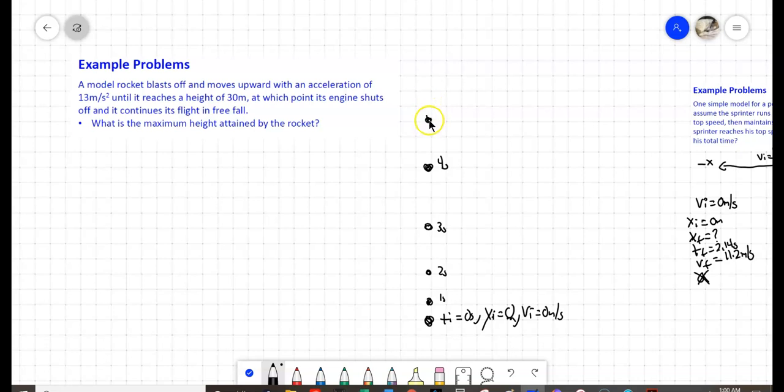And it's going to eventually slow to a stop. This is 5 seconds, 6 seconds, 7 seconds.